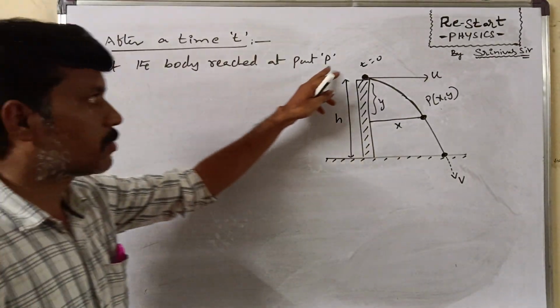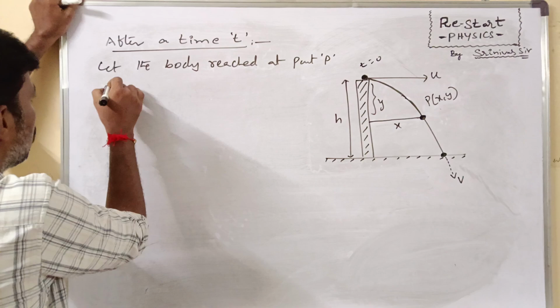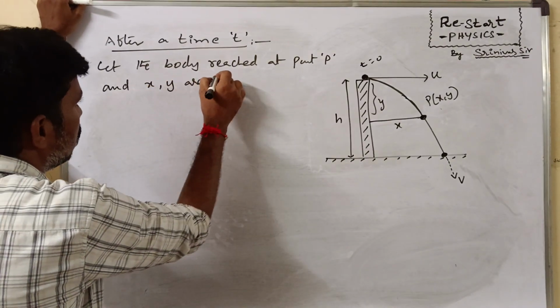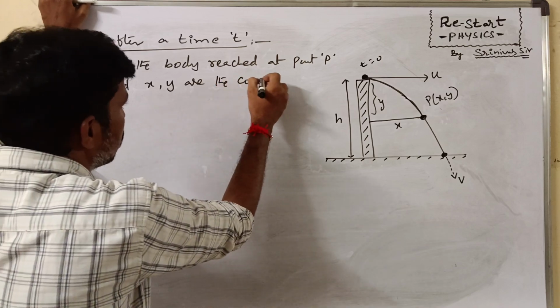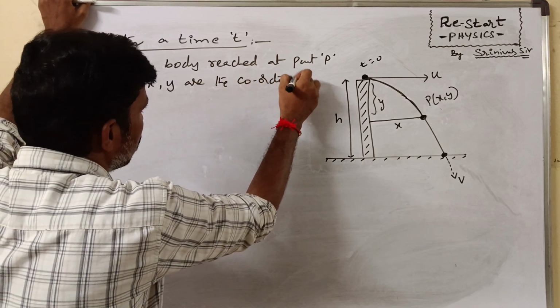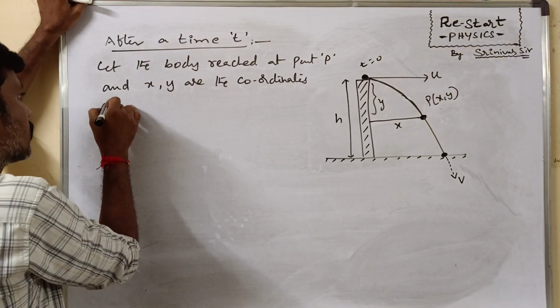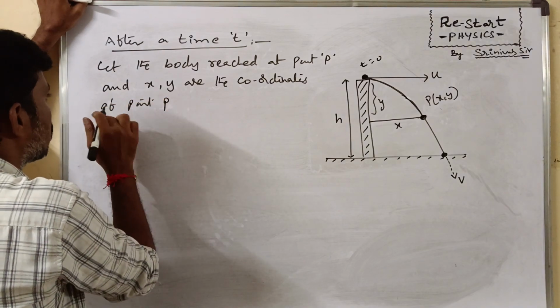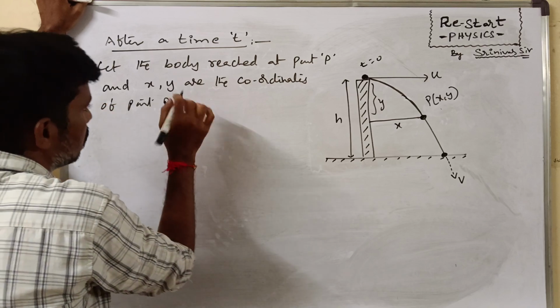Let the body reach at point P, and x comma y are the coordinates of point P after some time.